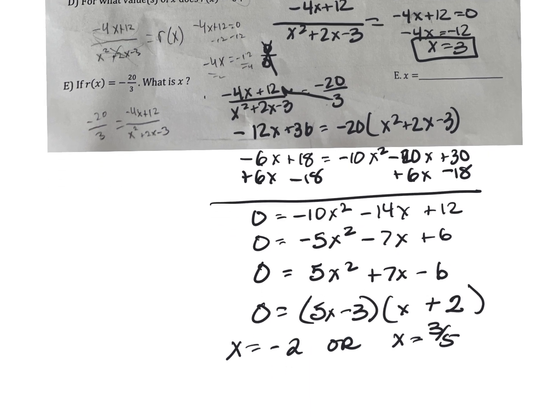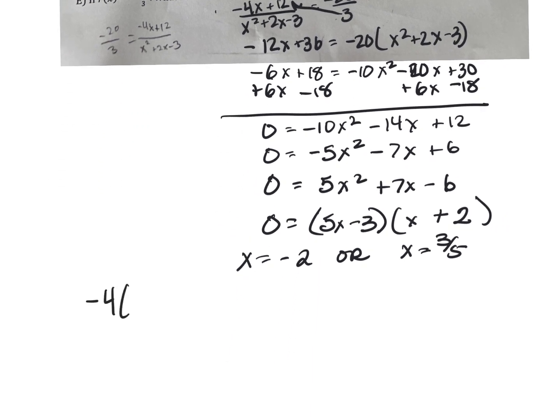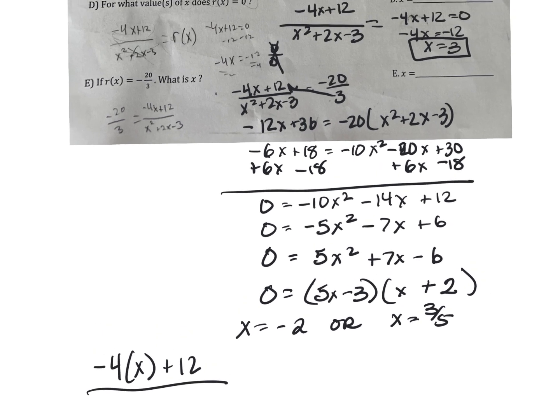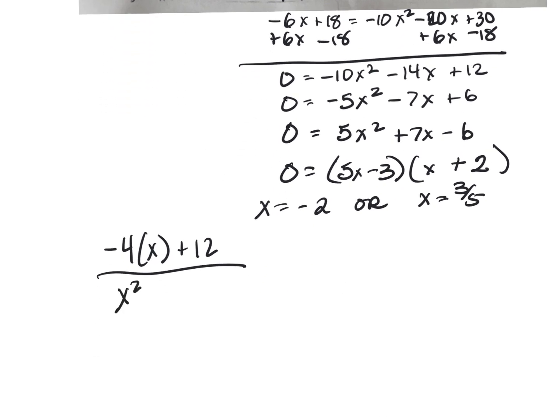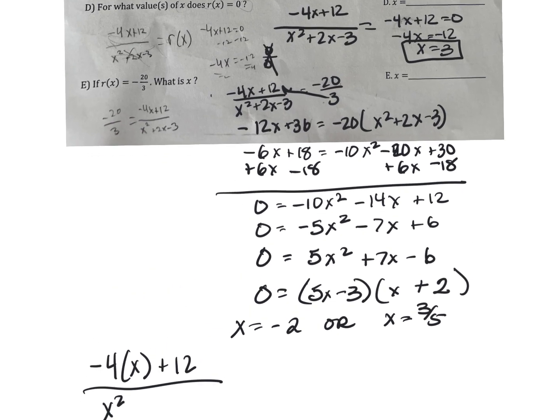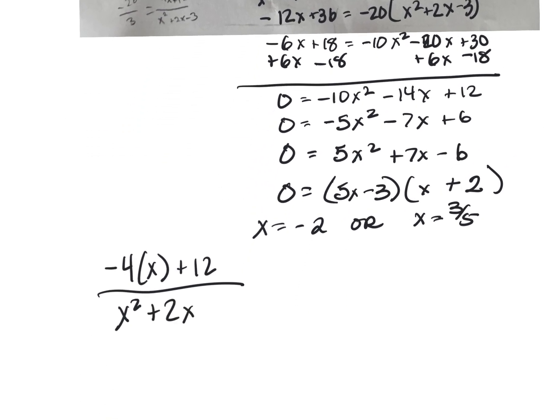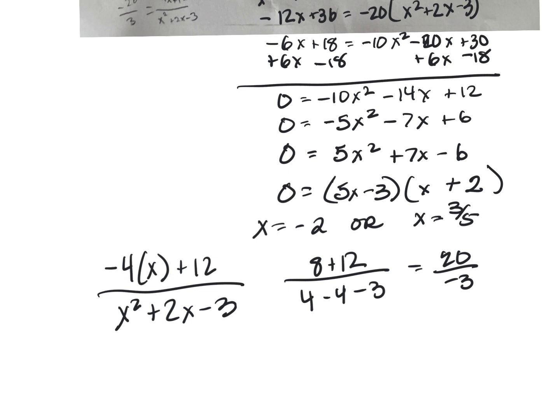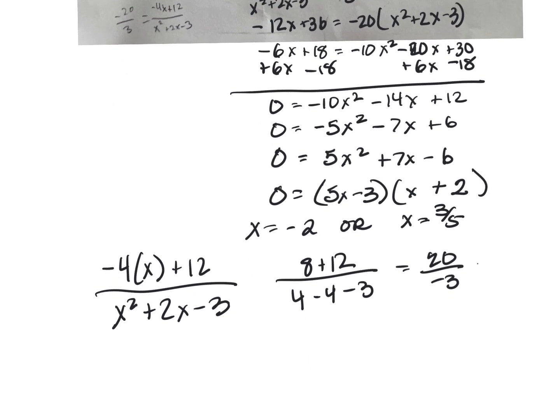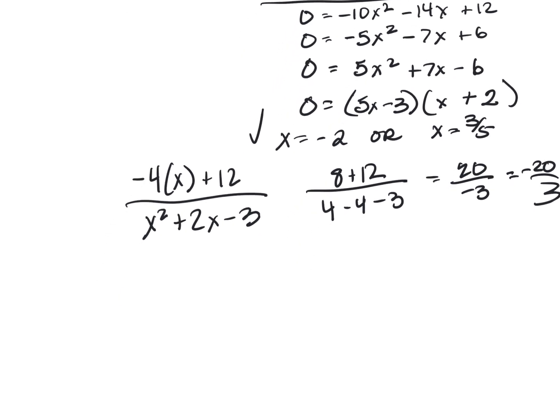So I had negative 4x plus 12 over x squared plus 2x minus 3. Plug in a negative 2 and I get 8 plus 12 over 4 minus 4 minus 3, which is 20 over negative 3, which is negative 20/3. So this one works. Let's try the 3/5.